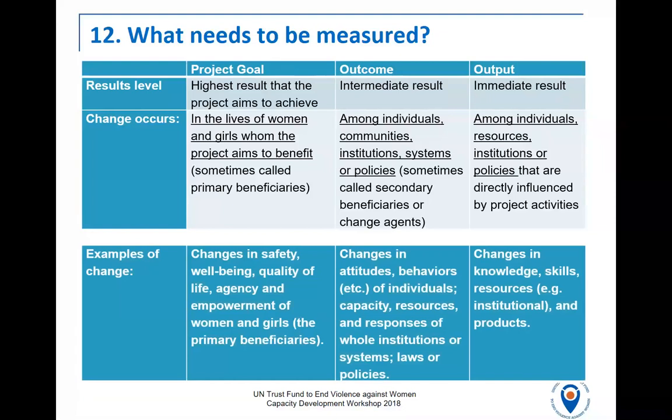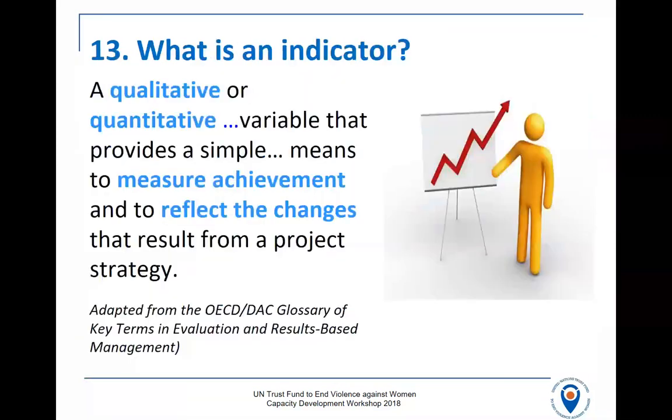At the output level, for example, for me, I'm delivering this training, and my output would be that you have an improved knowledge of data collection methods and how to devise them. So I will devise an indicator, for example, percentage of people attending my training who have improved knowledge or not. So you'll be measuring change at all the levels of your results framework. So you will need to devise an indicator.